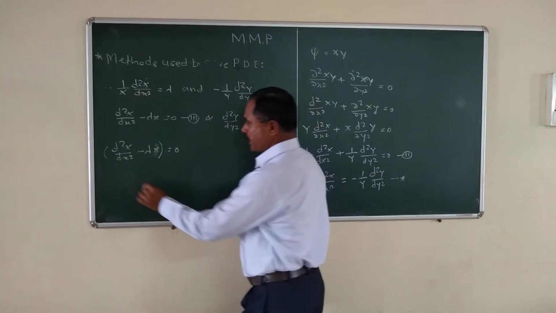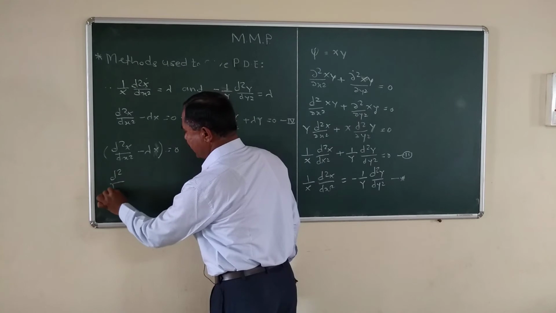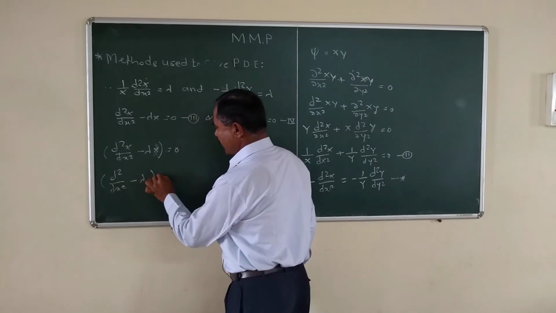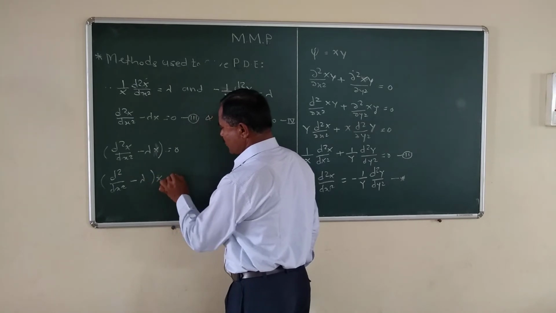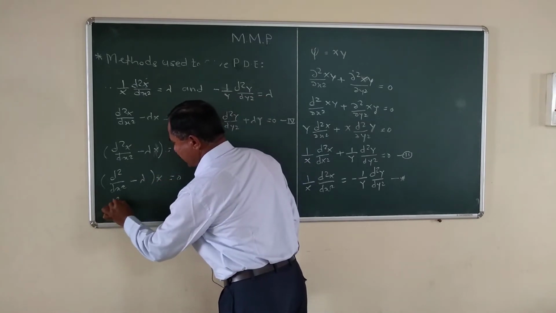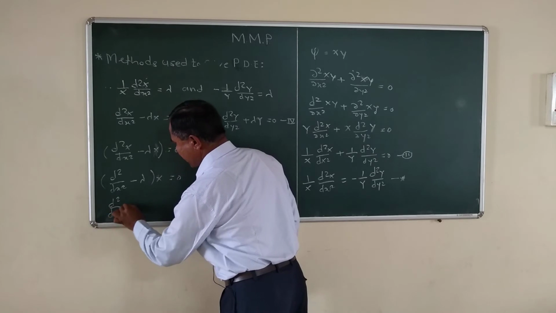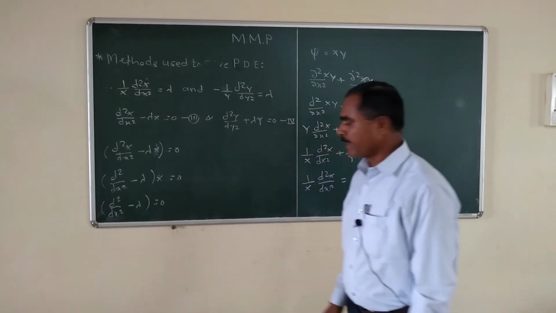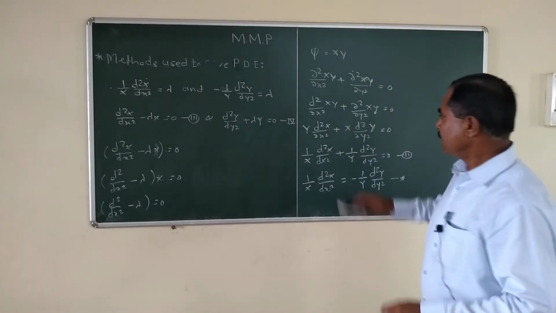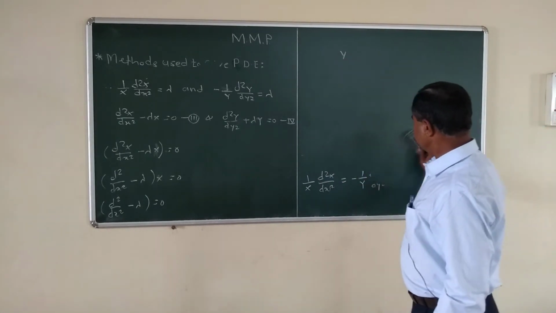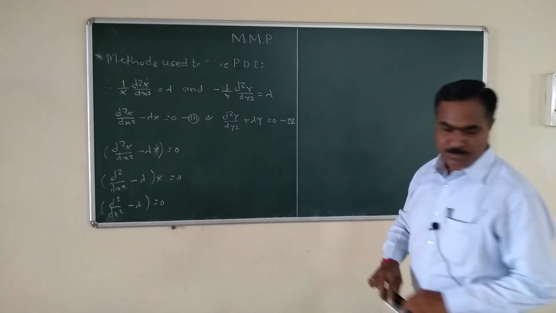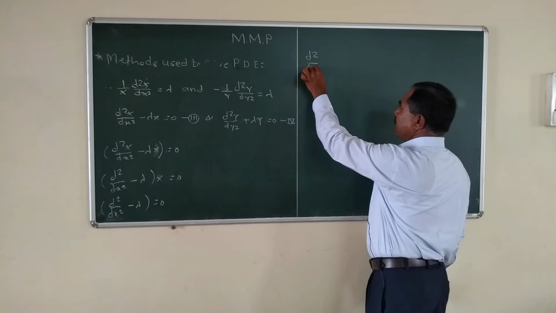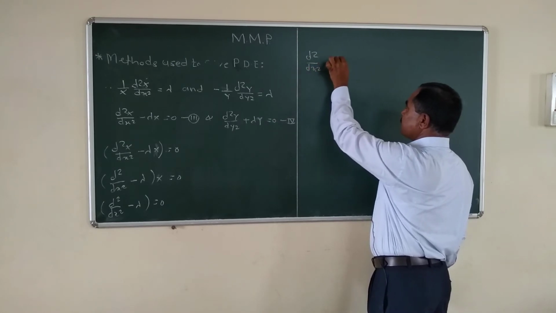So we write this equation, d2 by dx square minus lambda into X equal to 0. Next we substitute d2 by dx square equal to say D square.